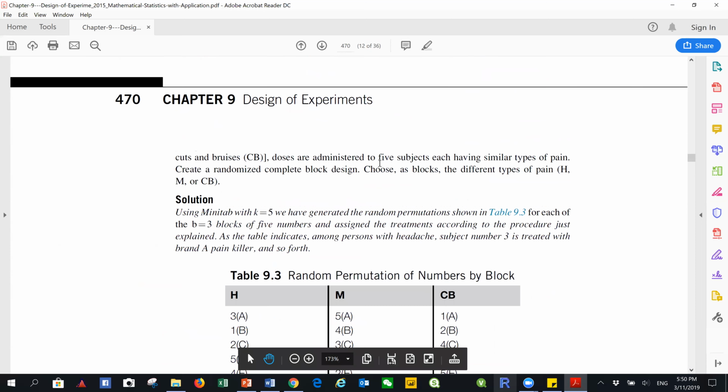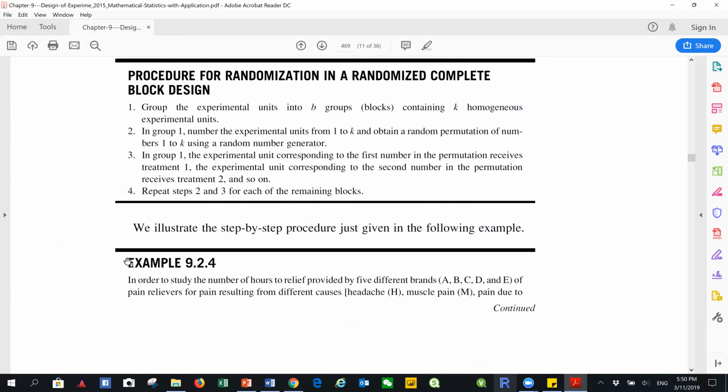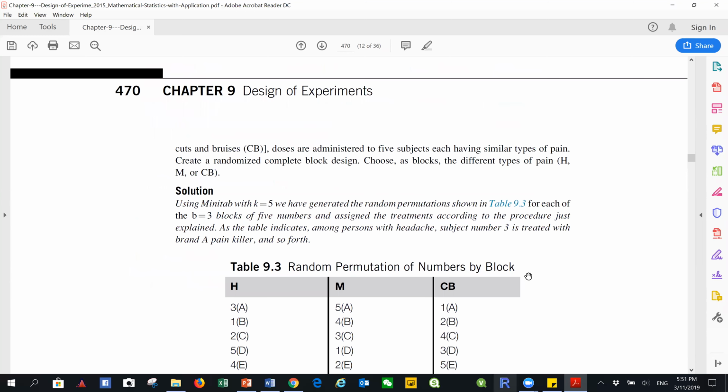Okay, here let's look at example 9.24. In order to study the number of hours of relief provided by 5 different brands, A, B, C, D, E, of pain reliever for pain resulting from different causes, such as headache, muscle pain, bruises, and so forth, doses are administered to 5 subjects, each having similar types of pain.